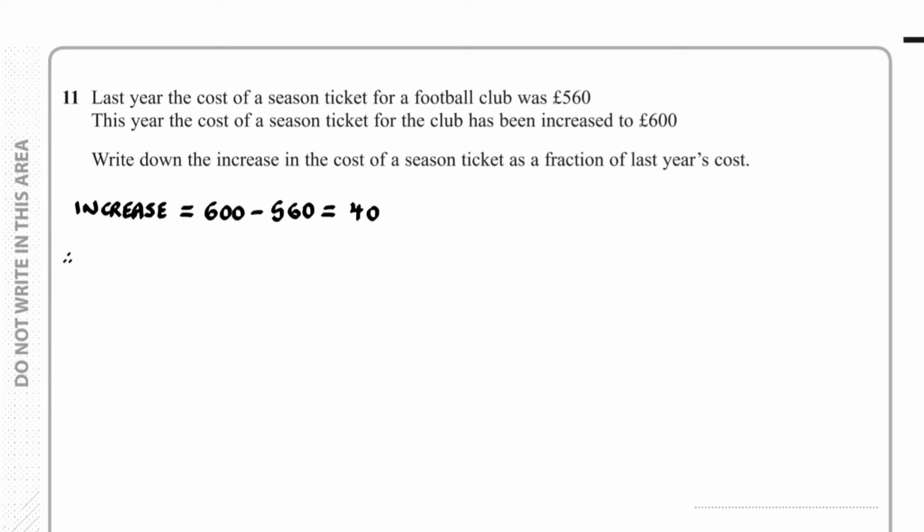So what we need to do is write down the increase in the cost of a season ticket as a fraction of last year's cost. Well, this is the increase, that's 40, and then last year's cost, we are told that is £560.